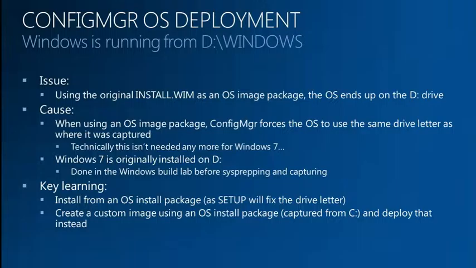So with MDT, that's not a problem if you use the normal setup files, but if you try to use setup files, or if you try and do it directly from the install.wim, this is the problem. So just don't import install.wim is generally my advice, although we've fixed it in MDT 2012. So my general advice is don't import install.wim. If you're going to import media, pull in everything. If you're going to do a customized OS, then you can just pull that in.